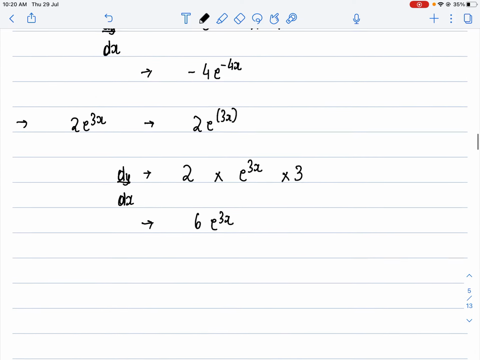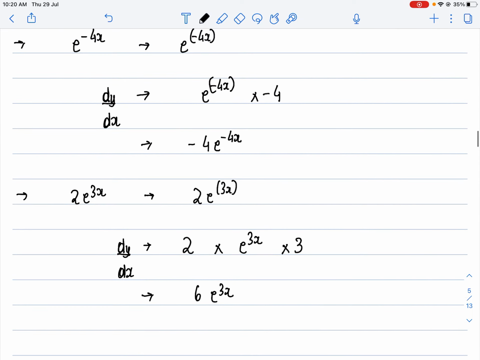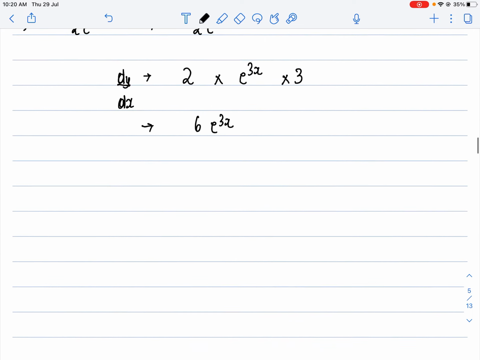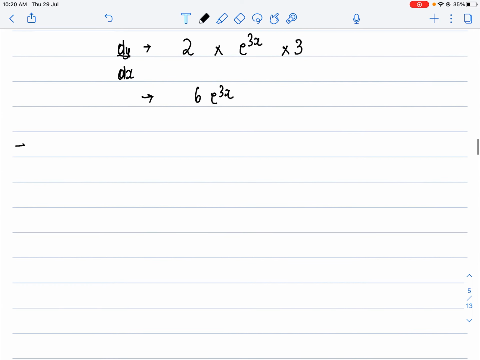Correct? So these were some examples of the exponents. Now, let's say I give you something like ln 2x. How do I differentiate something like this? The dy by dx is simple. First, the differentiation of the outer function, ln, is simply 1 over x.